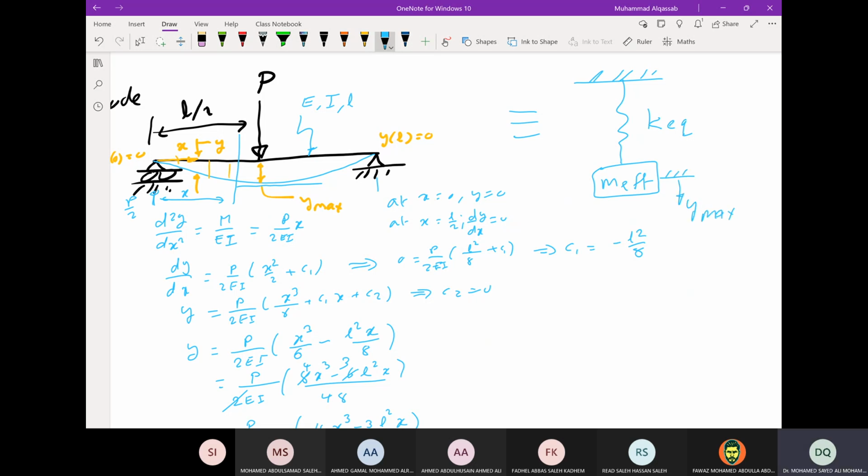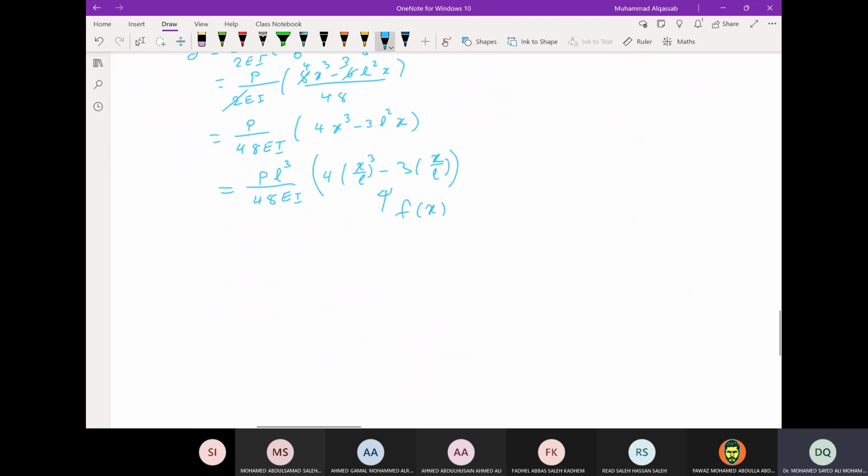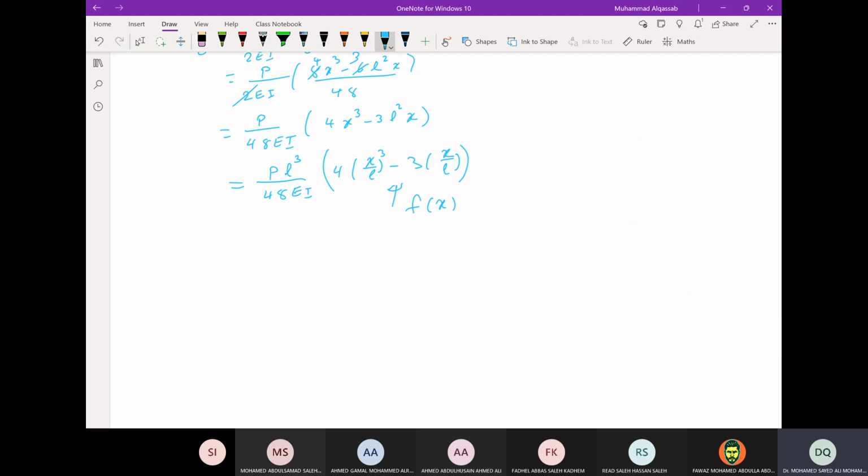So the whole beam, all the points on the beam, what we did to find the equivalent system at x equal to L over 2, which is in terms of Y maximum. Okay, so the whole system has to be approximated as a spring mass model system moving with Y maximum, not any Y. This is Y, but for all values of x.